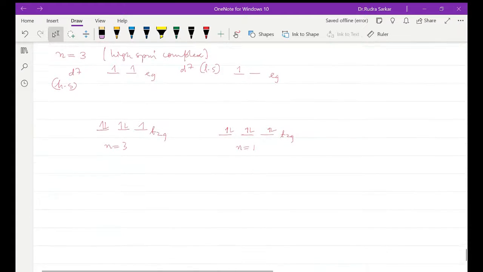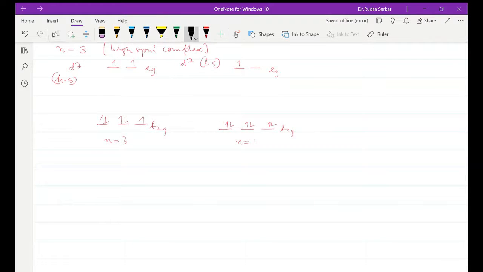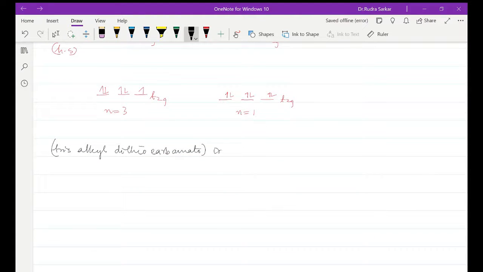Similarly, complexes of the type like tris alkyl dithiocarbamate iron 3, which is again a D5 system. Your ligand is basically something like that.